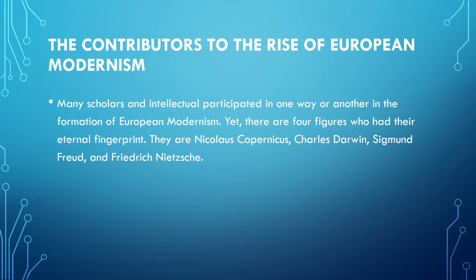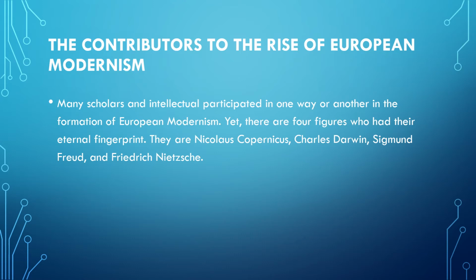So, these four cornerstones are the figures, the scholars upon which the structure of European modernism was built. They contributed greatly, or they might be the most visible in the structure of modernism, because they are the four cornerstones upon which this structure was built.